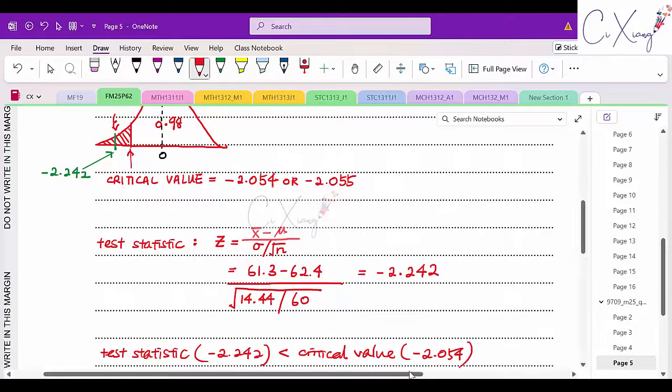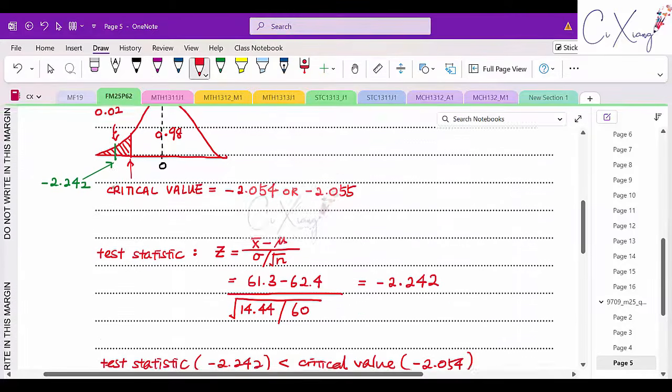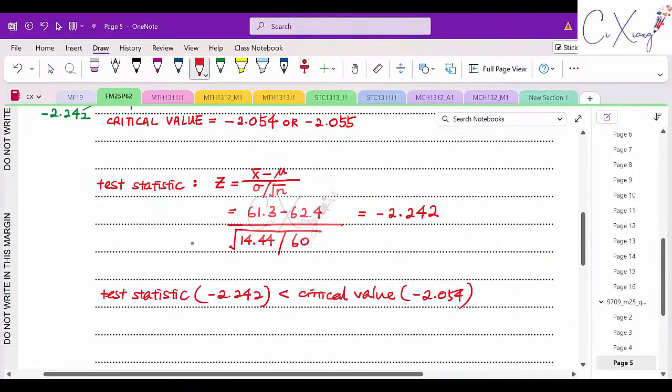But of course, for me personally, I always look at the diagram that I drew because I can see very clearly that the Z value falls under the rejection region, which is shaded in what I show you here. Alright, so from here, I know that I should reject, it is under the rejection region. So you should reject the null hypothesis.